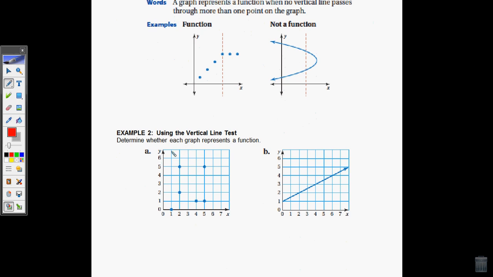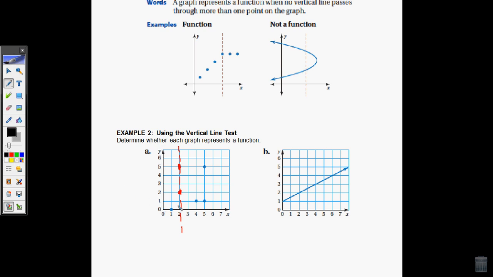If I look at A and I take a vertical line and I put it right through here, I'm hitting 1, 2 points. And that's not okay. I should only hit 1 point. And why is that true?